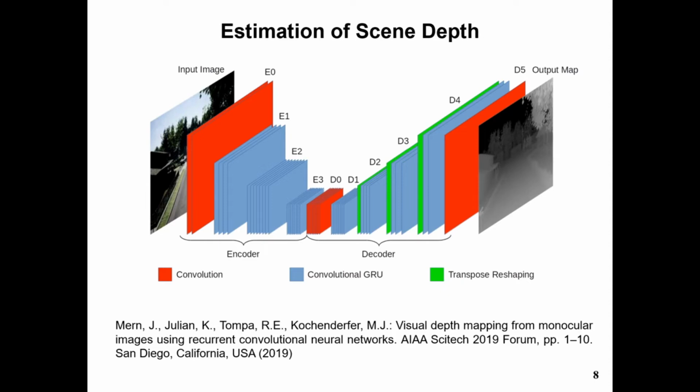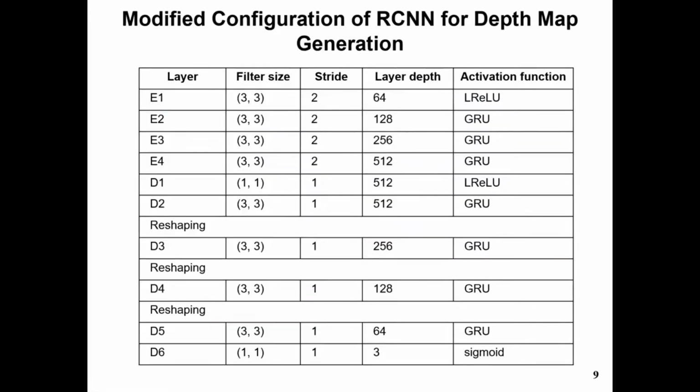Overlaying optical flow and depth maps allows us to detect foreground moving objects instead of creating silence maps. In addition, optical flow maps contain segmented silhouette-like moving objects. The configuration of the RCNN for depth map generation is presented in this table.